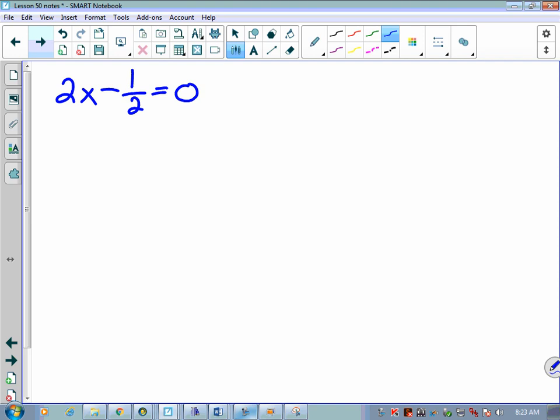So the first thing I'm going to do is add 1/2 to the other side. So we're going to get cosine 2x equals positive 1/2, correct?